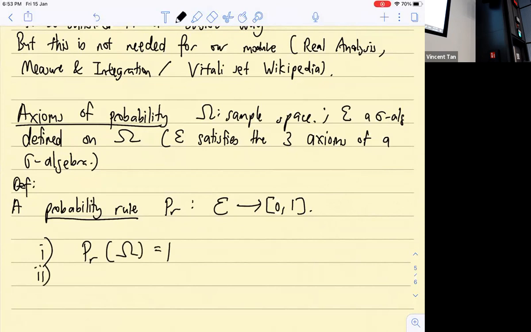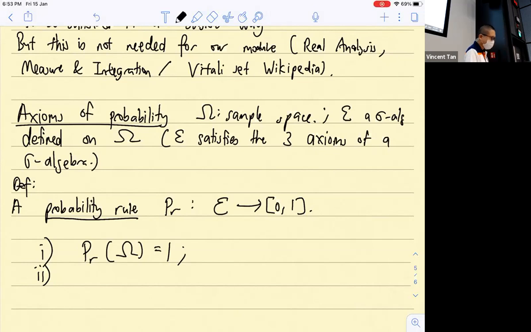Whenever we write down something, we have to ask ourselves a question. Can we write down this expression, the probability of omega? Are we allowed to do it? And why are we allowed to do it? Who says we can do it?